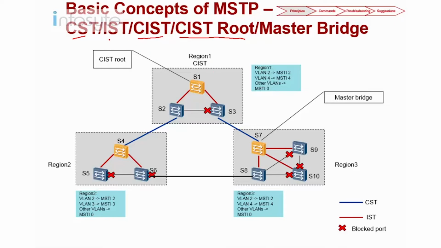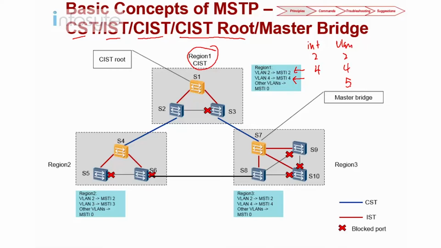Now what is the IST? If we zoom into region 1, in region 1 we have 3 switches. In these 3 switches, we have 2 instances, which are MSTI 2, instance 2, and MSTI 4, instance 4. For example, say I have instance 2 and instance 4 with VLAN mapping of 2 and 4. Now, if I create a new VLAN, let's say VLAN 5, which instance will this VLAN 5 belong to?